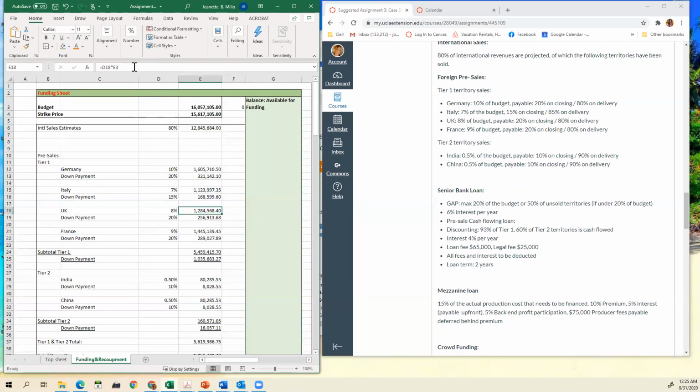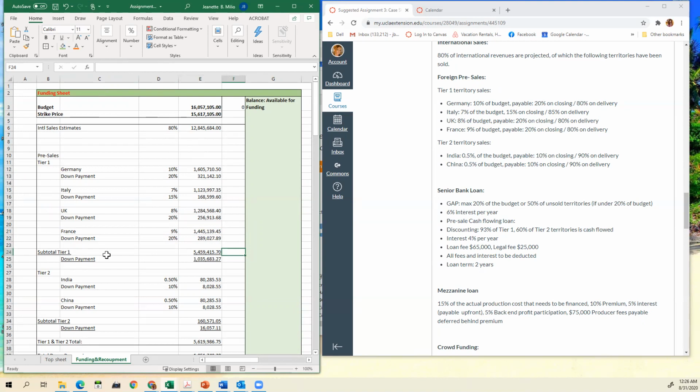UK is 8% of the budget, and 20% again of that minimum guarantee amount is the down payment. And France paid us 9% of the budget as the minimum guarantee license fee for the French territory, and 20% of that license fee is our down payment.